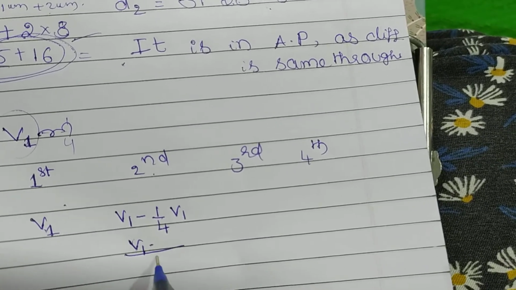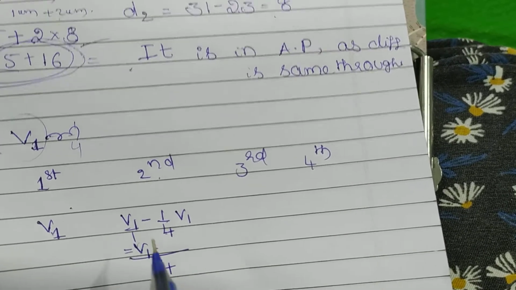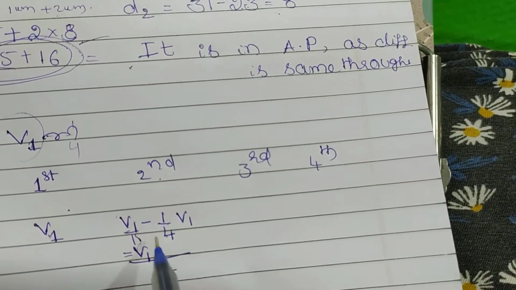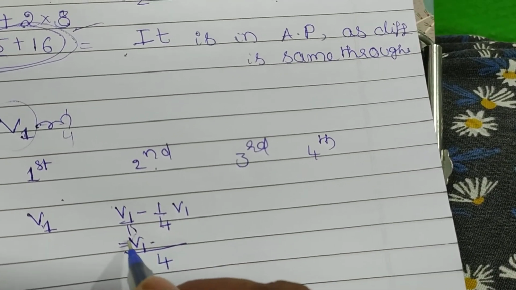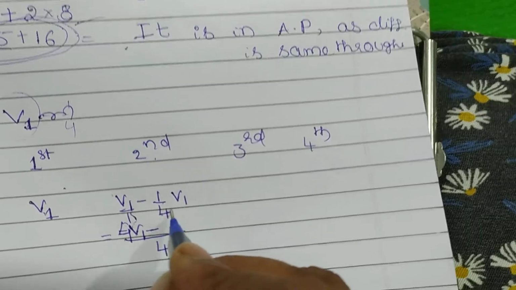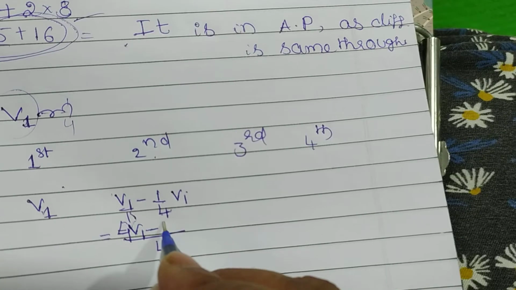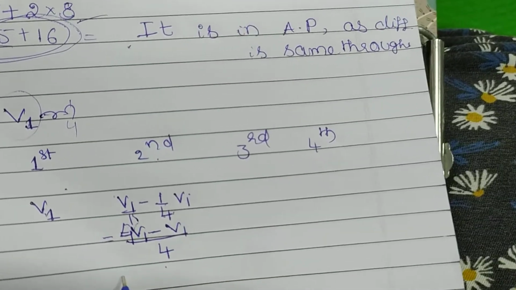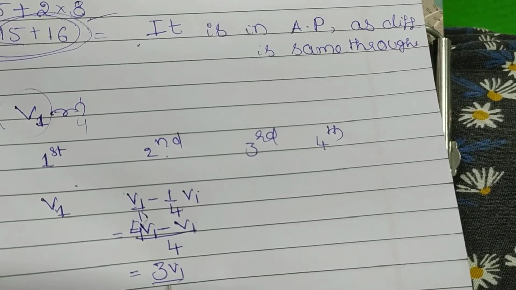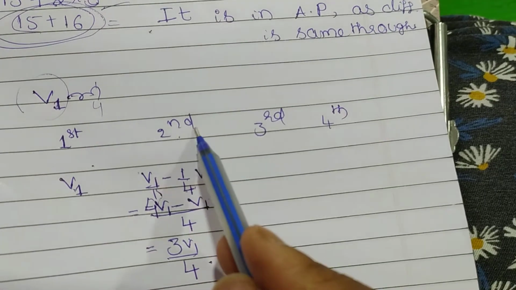If I take 4 as the LCM, that is 4V1 minus V1, which is 3V1 by 4. So this much amount of air is present in the second one.